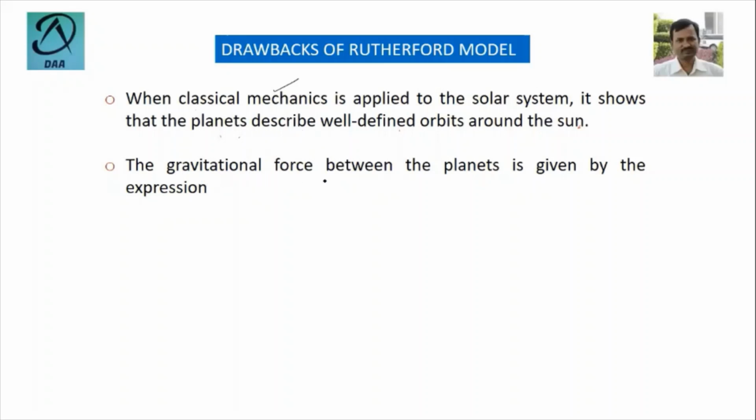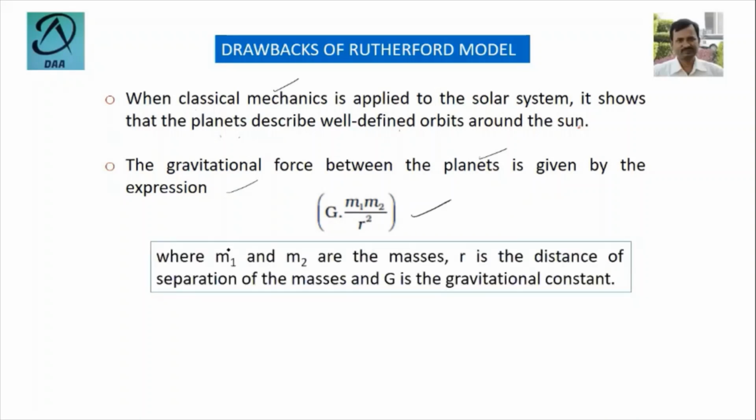The gravitational force between the planets is given by the expression G M1 M2 by R square, where M1 and M2 are the masses, R is the distance of separation of the masses, and capital G is the gravitational constant.